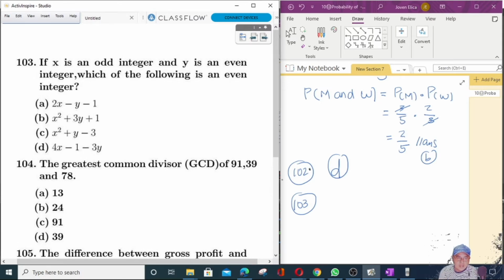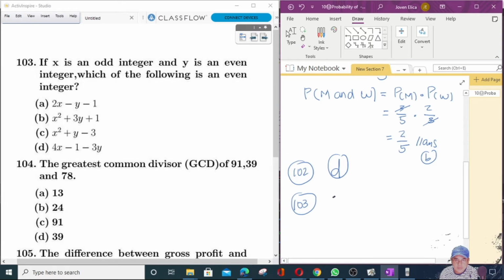If x is an odd integer and y is an even integer, which of the following is an even integer? So this is a tricky question, but it has a given.